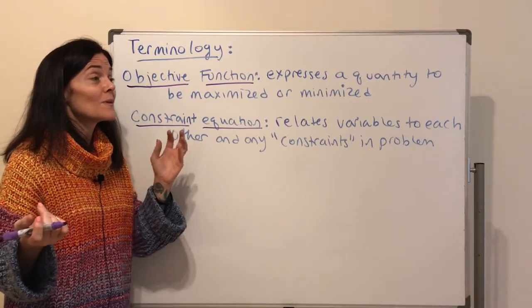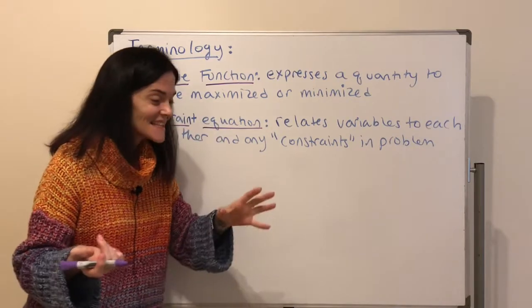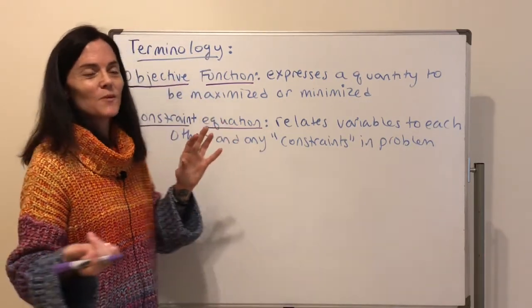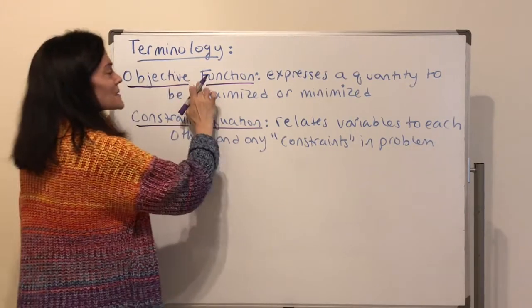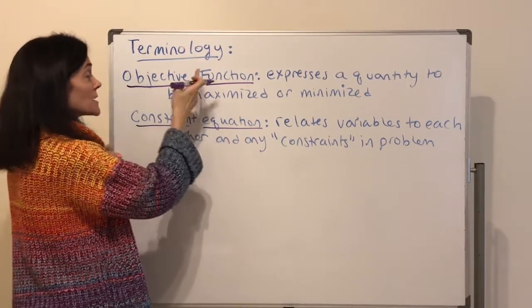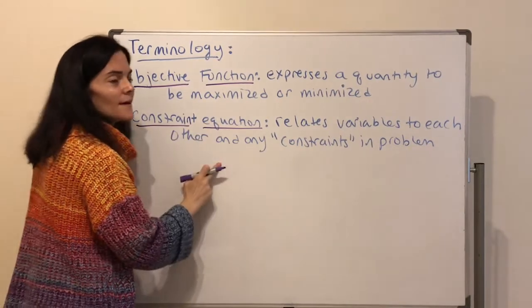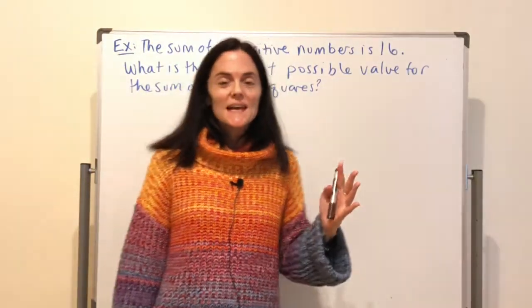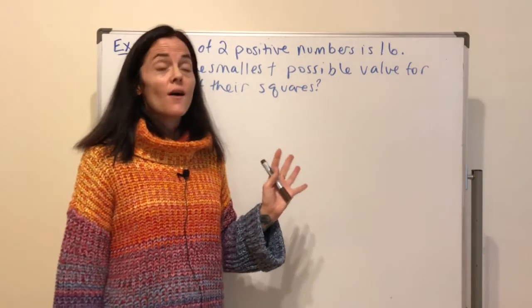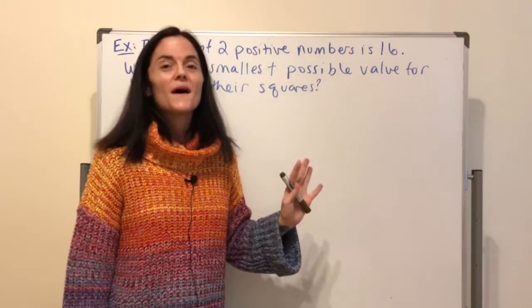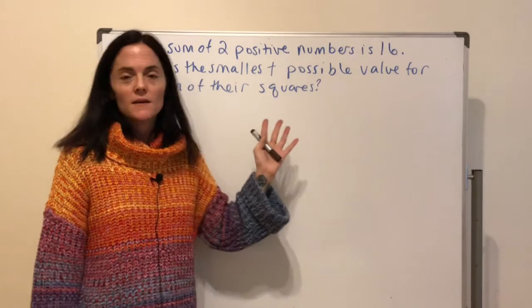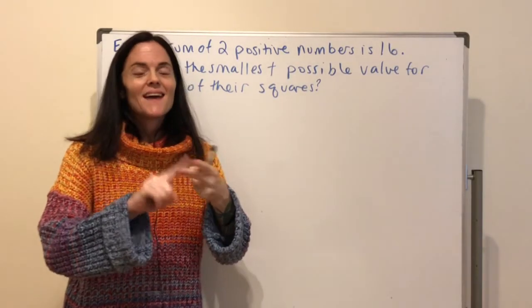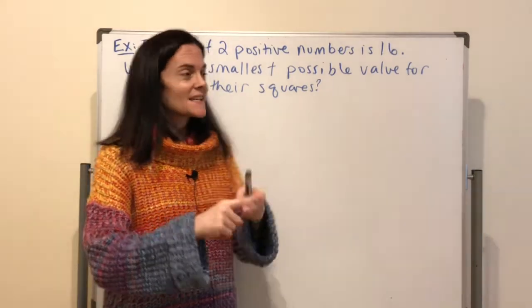So in the optimization problems of this section, we want to maximize or minimize some function subject to a constraint equation. Here's our first example, and quite often I think the hardest part is step 1, which is translating a few sentences into a constraint equation and an objective function.